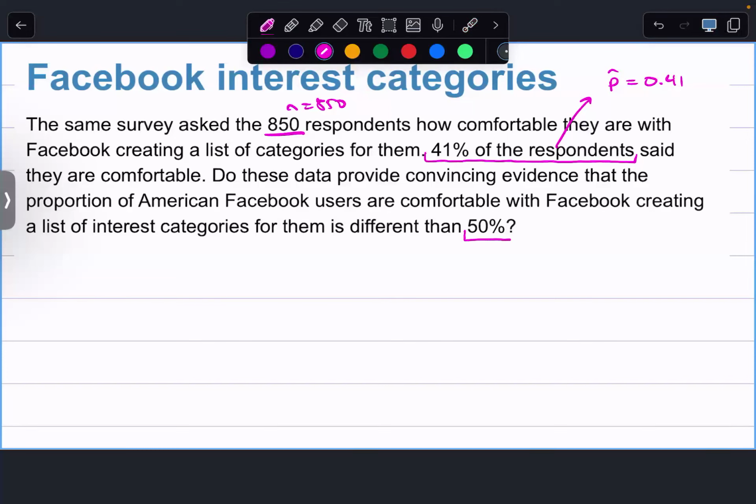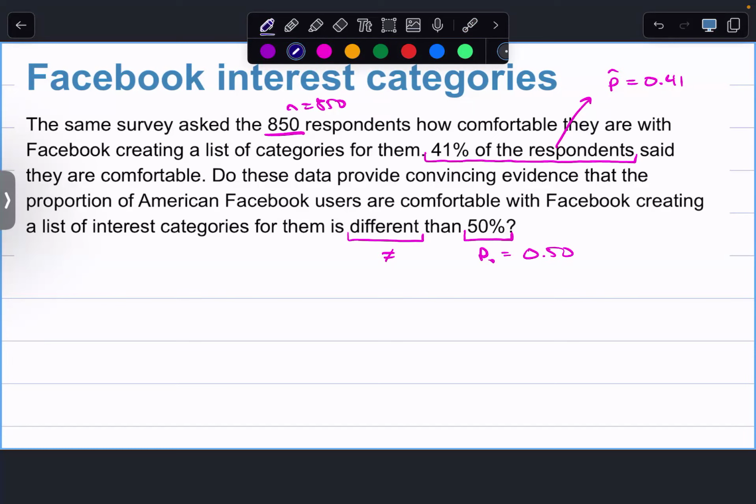So here, this means that p naught is 0.50. And I want to know if it's different than 0.50.